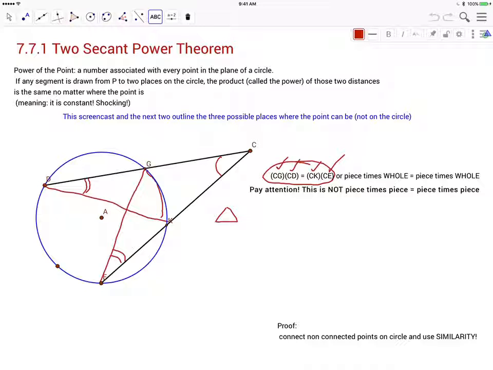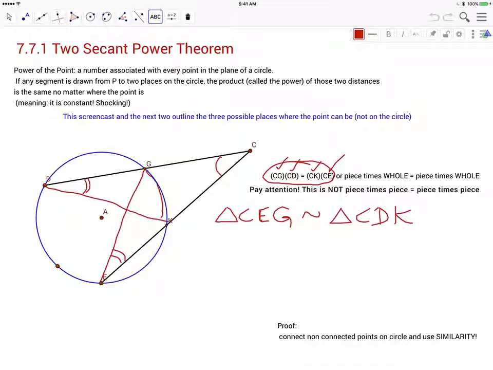Triangle CEG is similar to triangle CDK, right? And from that, we end up with, again, those ratios. And again, if you need to do some review on similarity, go back to those screencasts.